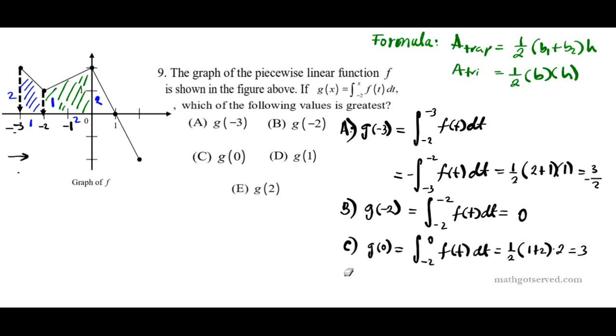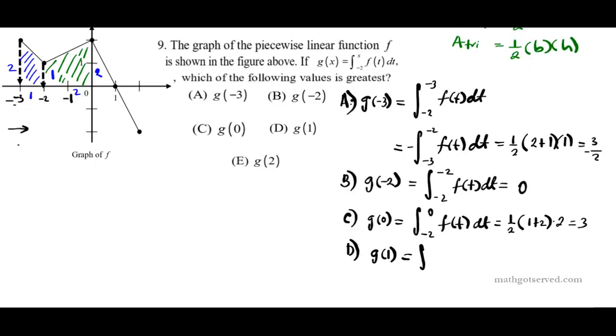Now let's take a look at option letter D. G of 1. What is G of 1? G of 1 is the integral from -2 to 1 of f of t dt. For option D, we're going from -2 all the way to 1.